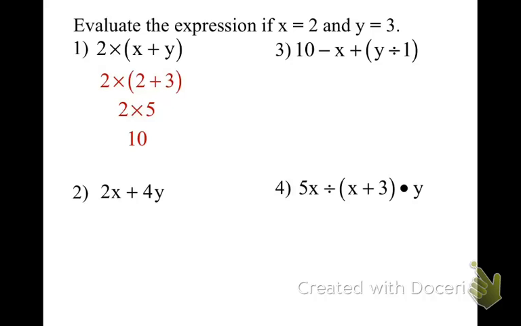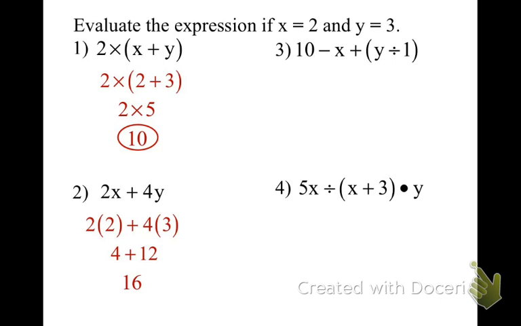Now check your work. So when a number is next to a variable, that means to multiply. So I'm doing 2 times the quantity of 2, 2 times 2, plus 4 times 3. Then when I simplify those, I multiply before I add, so I get 4 plus 12, and then simplify down to 16.